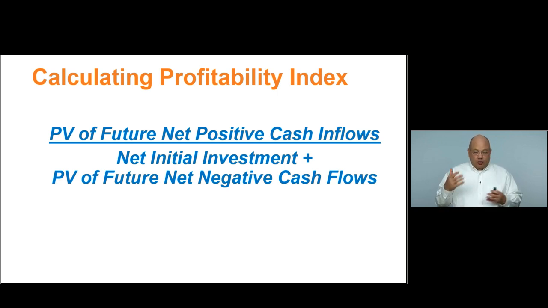So what we're going to do, and we'll see this in an example, is calculate the profitability index for every beneficial project that we have. All of those yeses when we were doing net present value and internal rate of return. But we can't simply start at the highest profitability index and work our way down, because we have to remember that we have a limited amount of money and some of these projects have different amounts of investment.